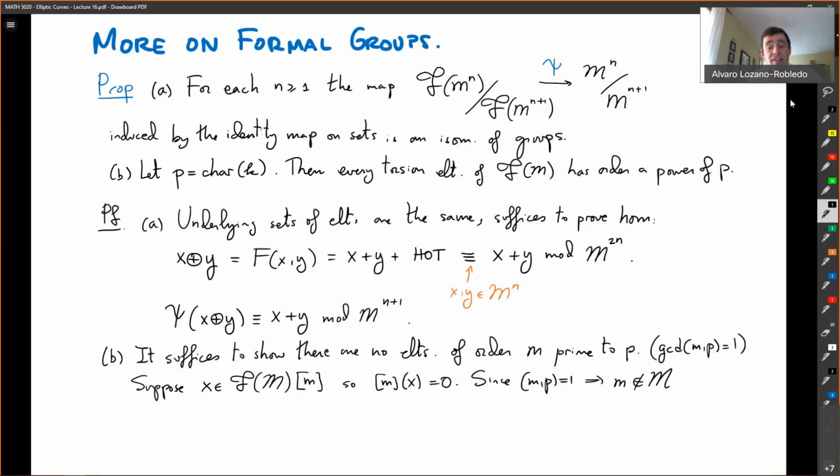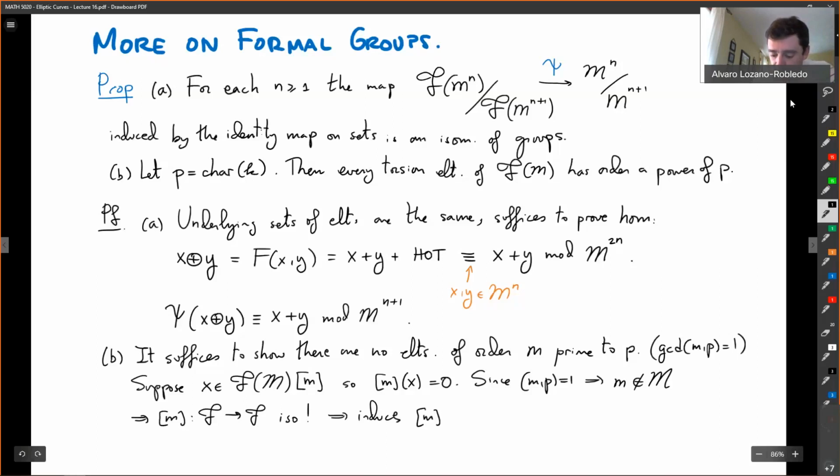Okay, here we're assuming the characteristic is p, so it cannot be in the maximal ideal, and then we've seen that the multiplication by m map in the formal group is an isomorphism. But then that implies, at the level of formal groups, but this induces that m is actually an isomorphism at the level of the groups attached to the formal group. And therefore, the kernel is 0.